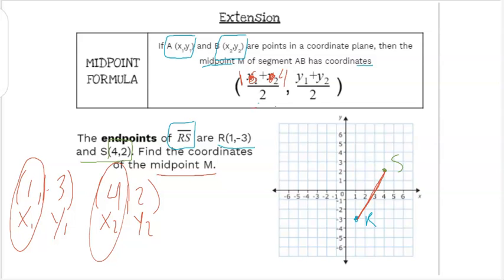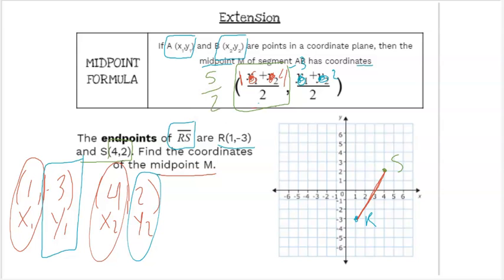And then for our y's, y1 is -3, and y2 is 2. Now we can just evaluate each piece. Our first piece, we have 1 plus 4 divided by 2. 1 plus 4 is 5. 5 divided by 2 would be 2.5.